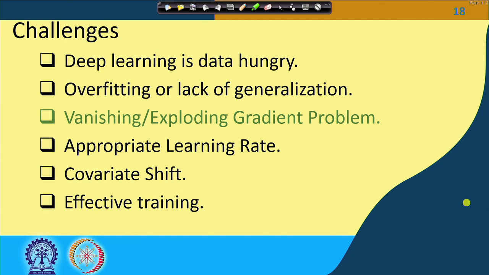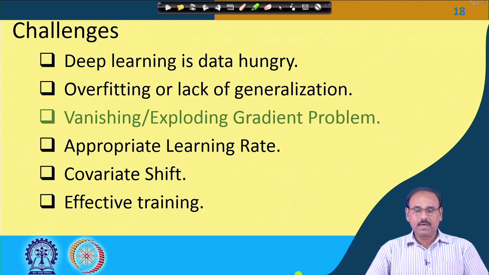The first challenge that we have said is that deep learning is data hungry, in the sense that for training of the deep neural network you need a large volume of data, maybe thousands and thousands or even lakhs of data, and all those data have to be annotated data. However, practically it may not be possible to generate a sufficient number of data to be used for the training purpose.